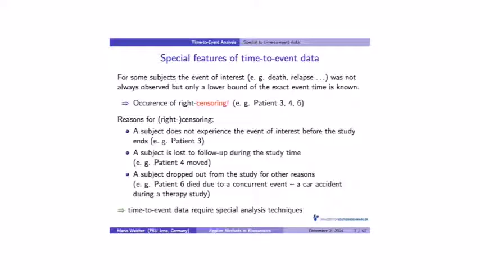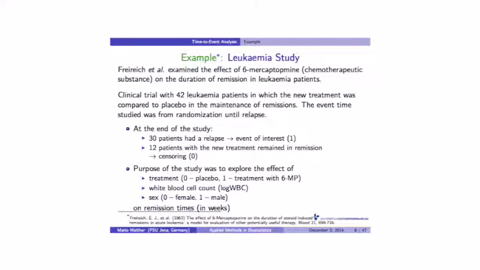So we need special techniques if we consider the problem of censoring. In today's lecture, we will learn which methods can be applied to examine time-to-event data statistically and interpret the results.